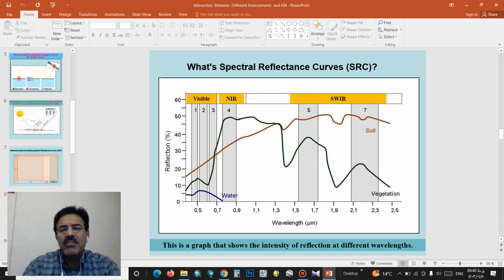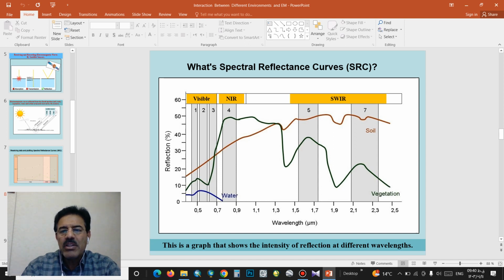What is a spectral reflectance curve, SRC? This slide is showing spectral reflectance curves for soil, vegetation, and water. This is a graph that shows the intensity of reflection at different wavelengths.